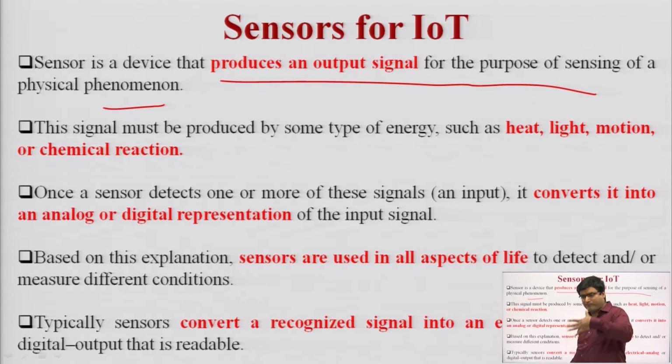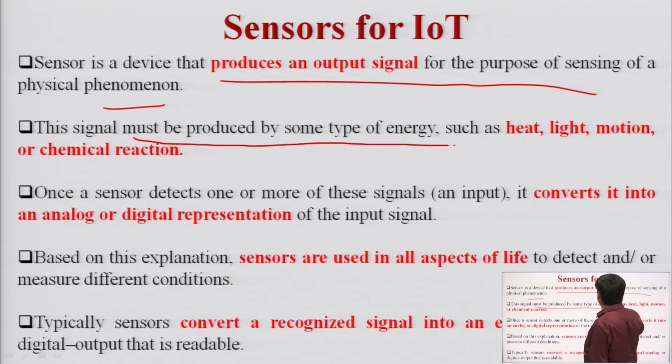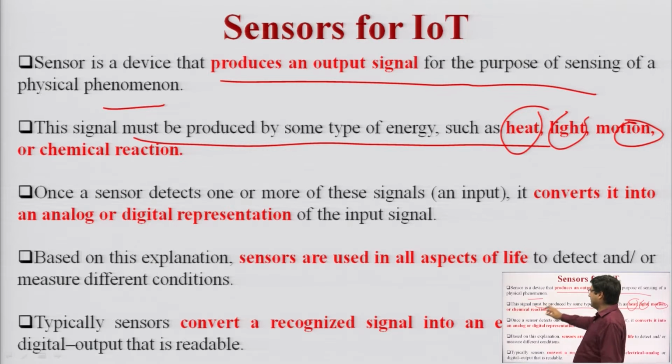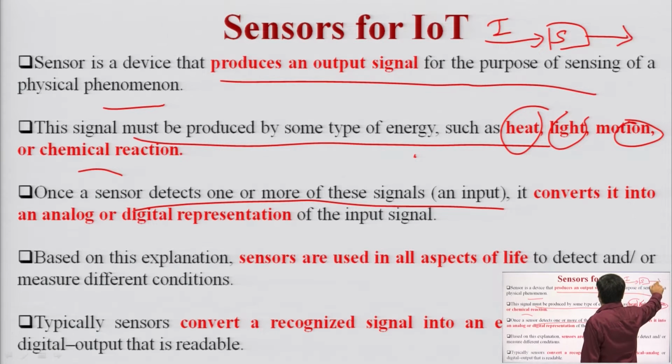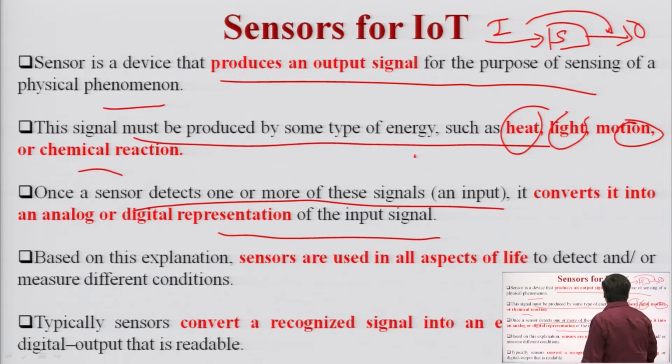This signal must be produced by some type of energy, such as the physical parameters we are talking about: heat, light, motion, humidity, chemical reaction, pressure, etc. This is the sensor, this is the input, and this is the output. Once a sensor detects one of these signals as an input, it converts it into an analog or digital representation of the input signal. The output signal can be analog in nature, or it may be in digital form.